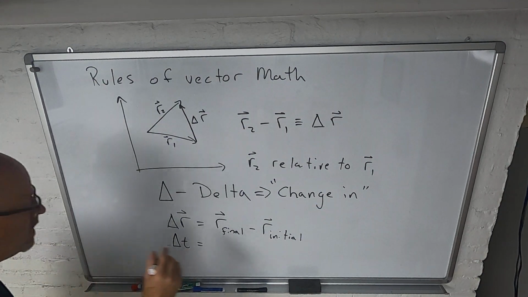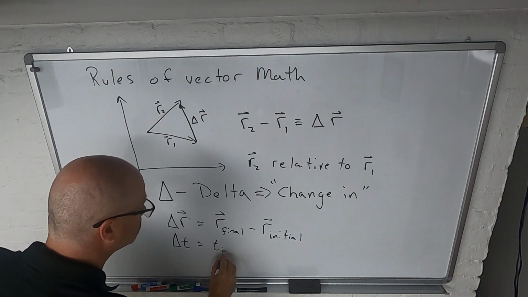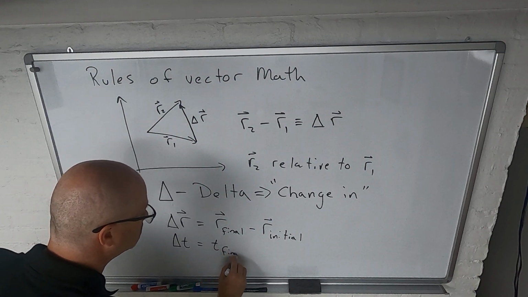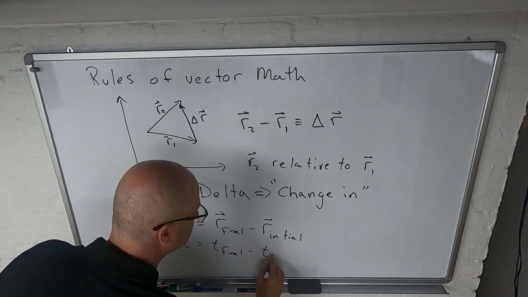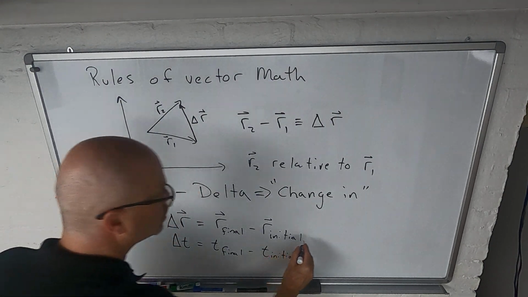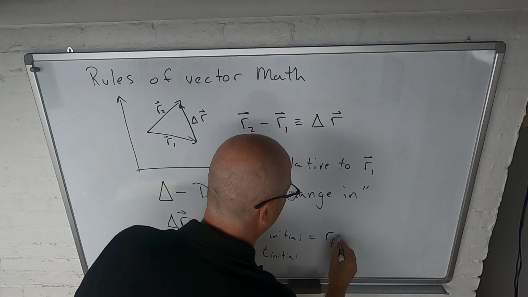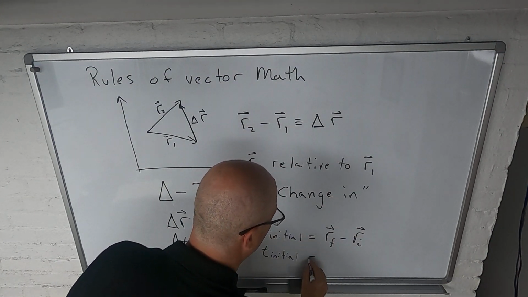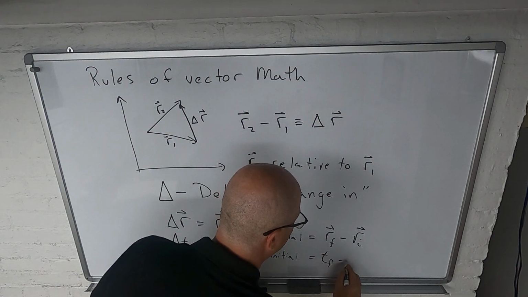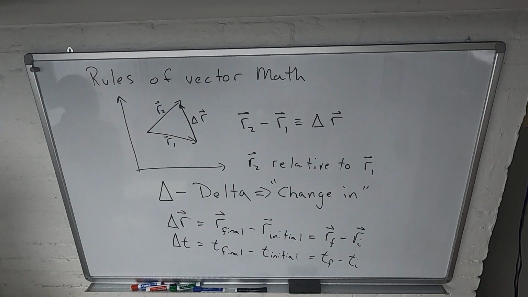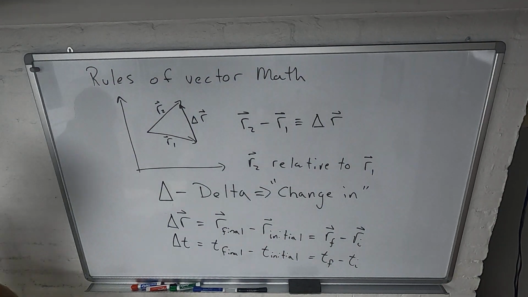Delta T would be the time final minus the time initial. And I can shorten that by saying R sub F minus R sub I, or T sub F minus T sub I. And that's how we're going to represent things in physics, by changing.